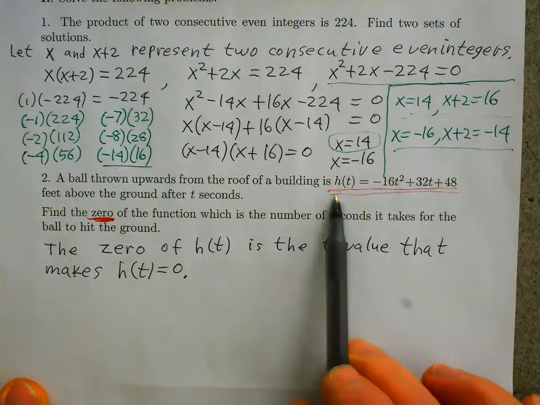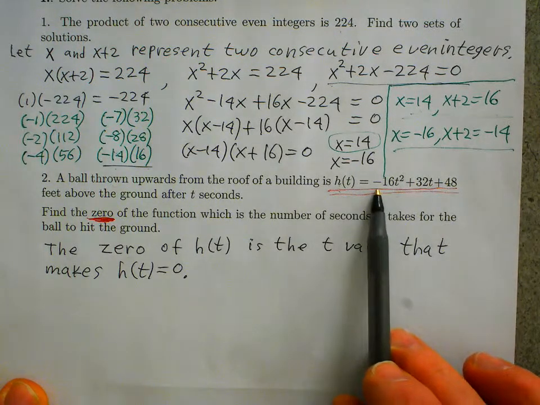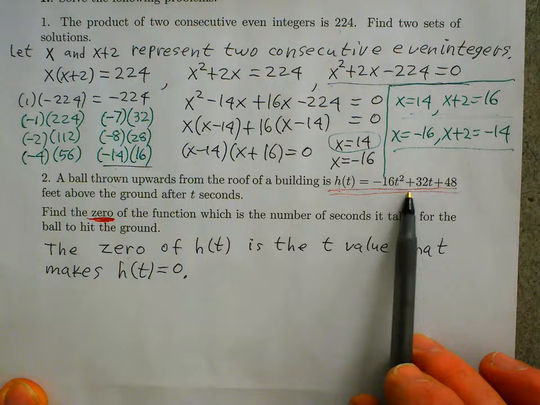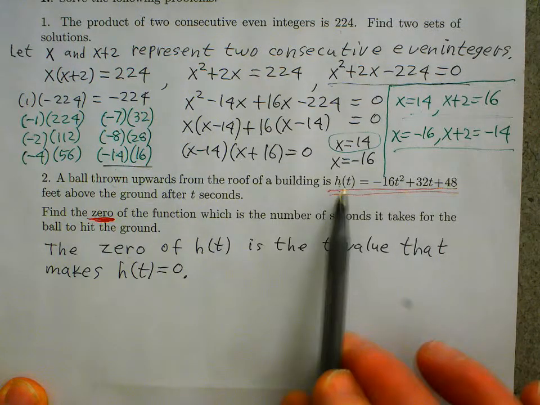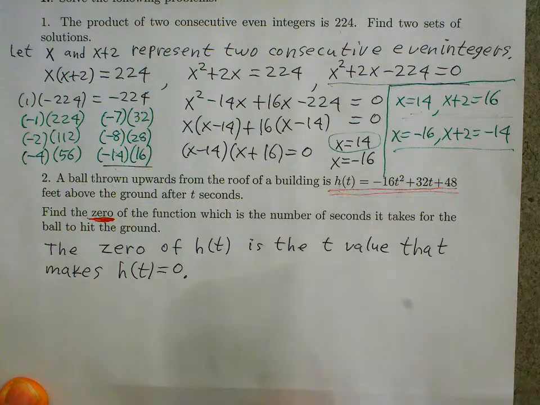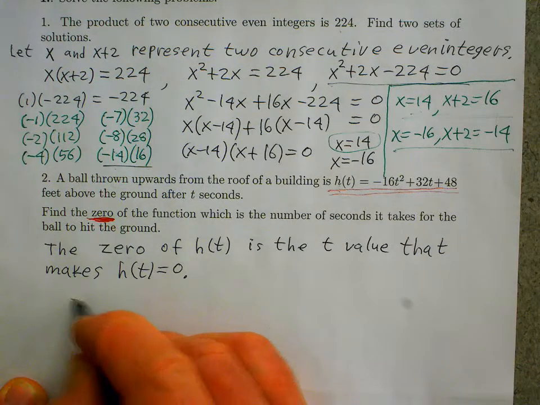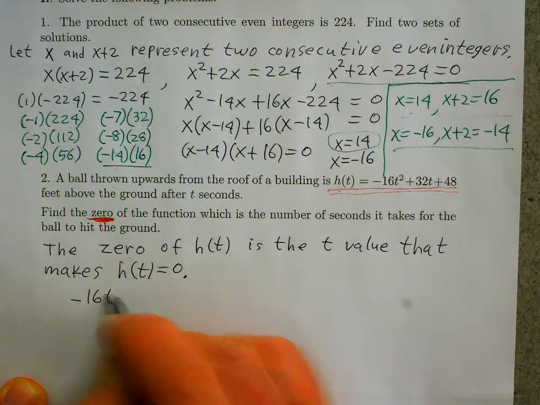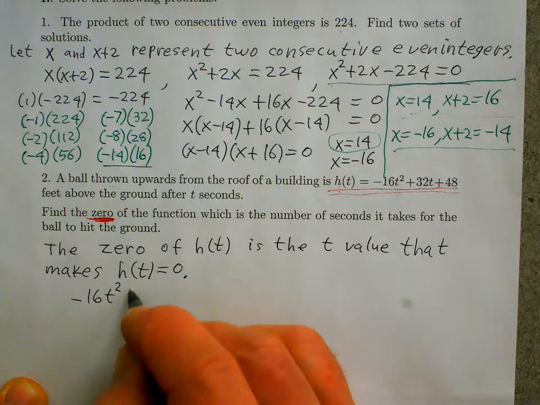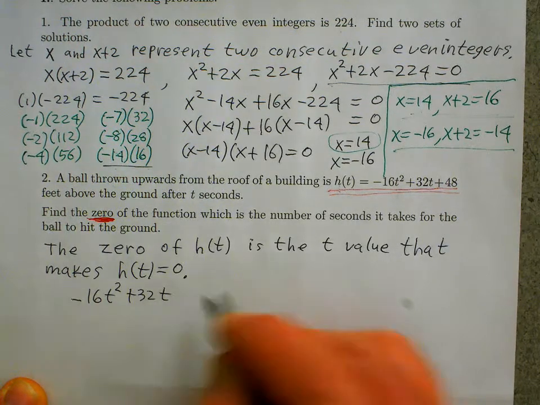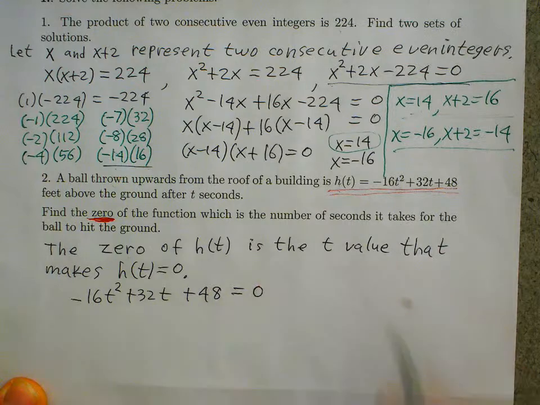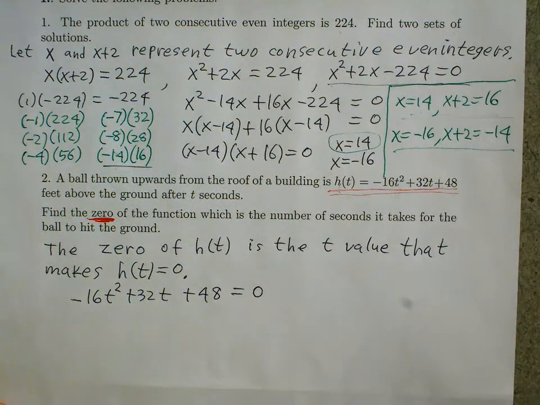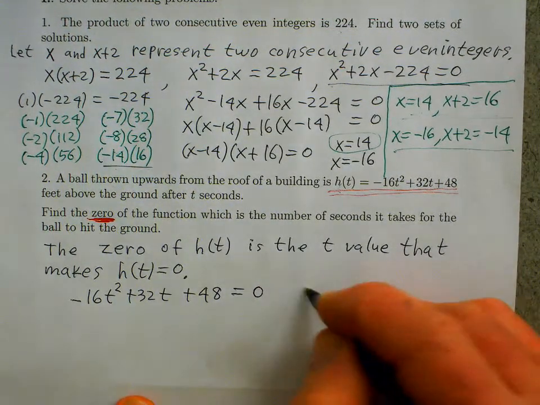Okay, well, since h of t is defined to be negative 16 t to the second plus 32 t plus 48, we replace h of t with 0, we get this equation, negative 16 t to the second plus 32 t plus 48 equals 0. So solve this equation.